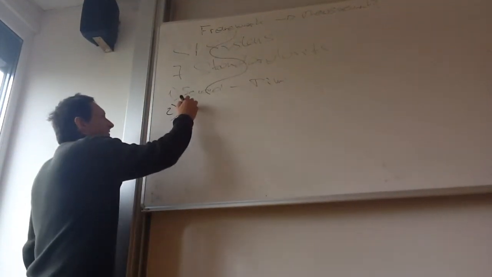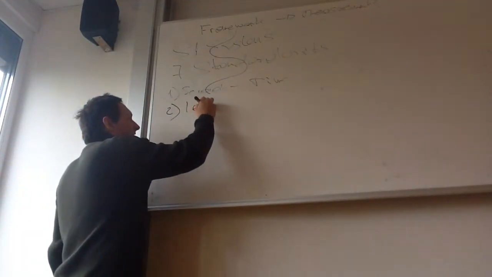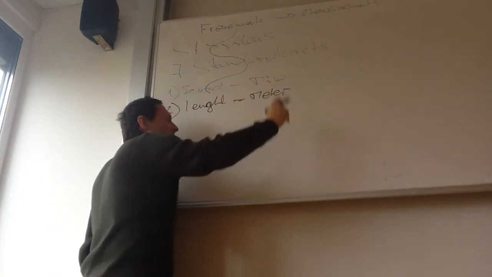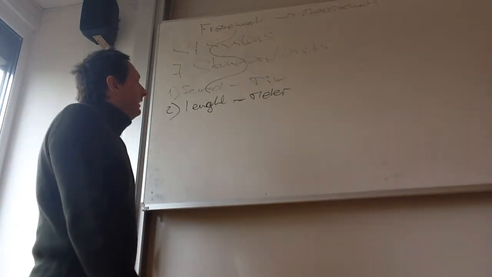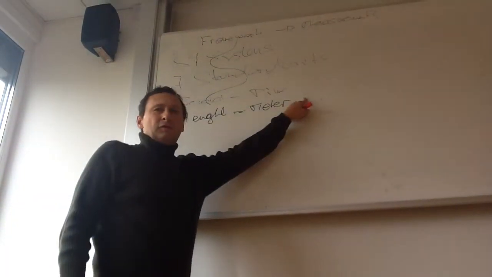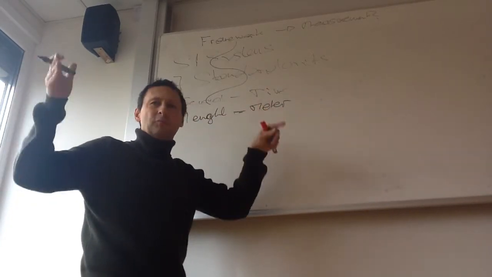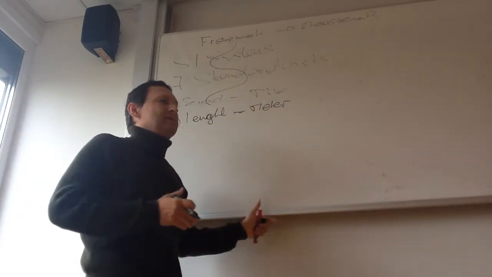So the next is the length, the meter. As I told you, there was originally one metal rod with 2 marks on it, and this was given as the meter.